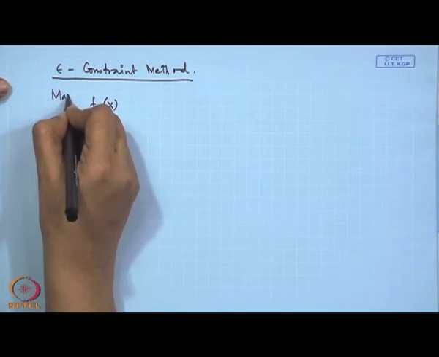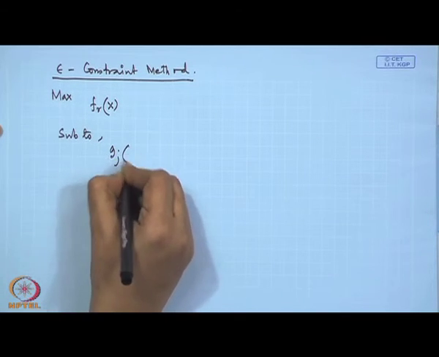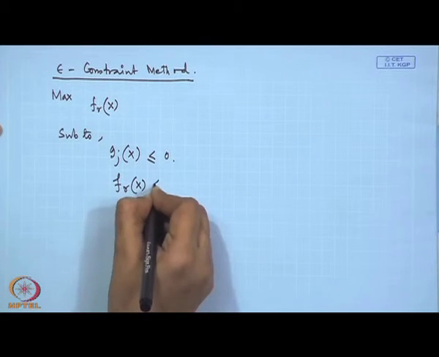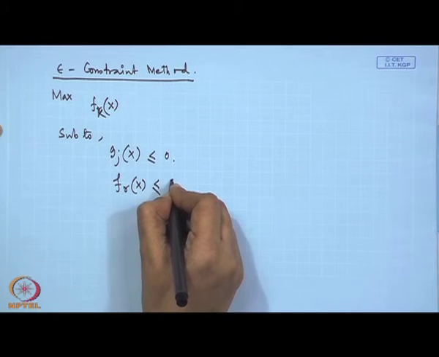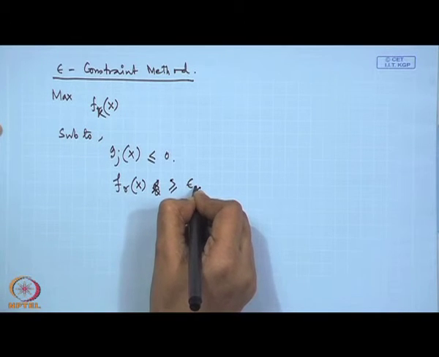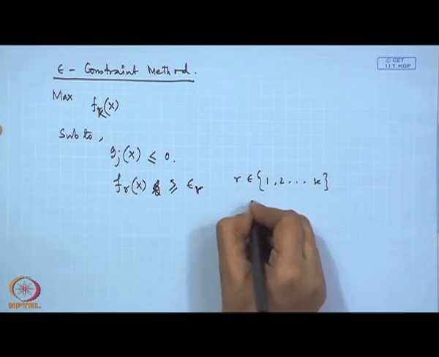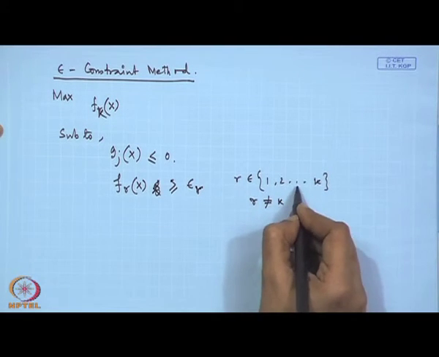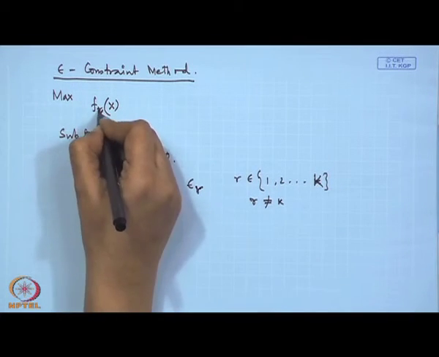We will maximize f for that r, subject to the other objectives being greater than or equal to epsilon r, where r is between 1 to k but r is not equal to the chosen one. Let me consider a capital K, and this is a small k.